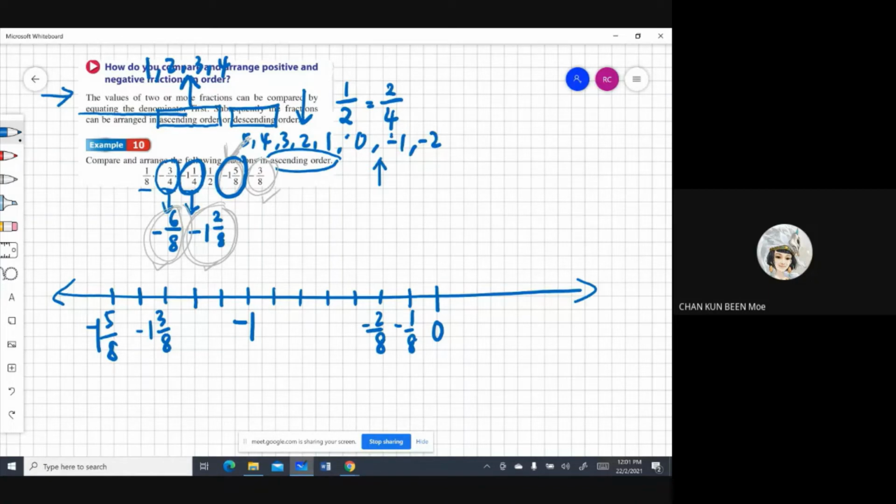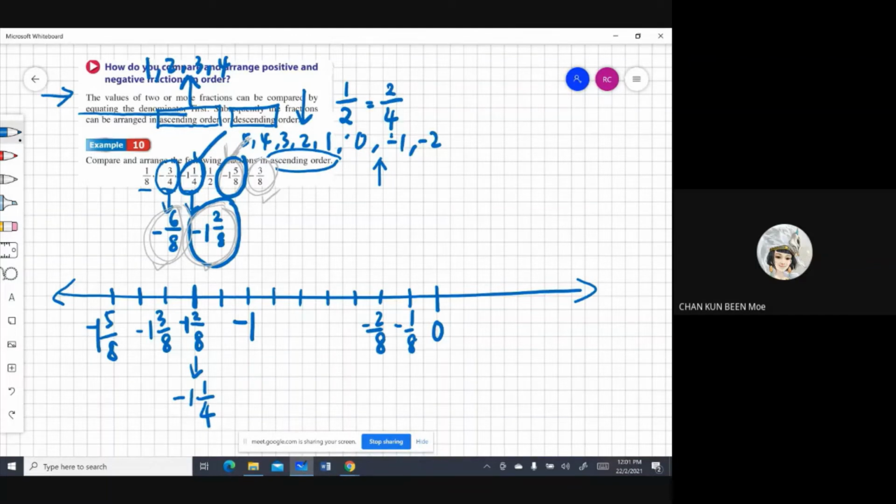So when we want to fill in everything, you can fill everything on the number line. For example, negative 1, 2 over 8 is here, because this is negative 1, 1 over 8. So we already did this. It's also equal to the question's negative 1, 1 over 4.